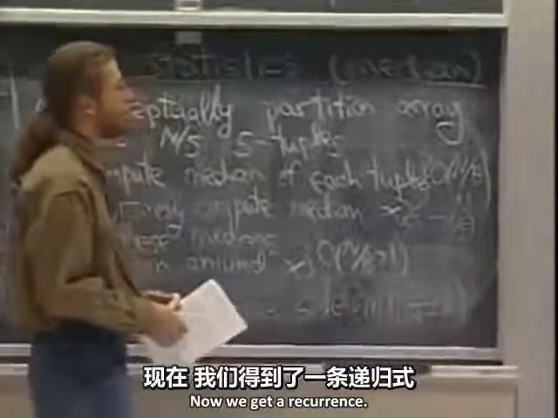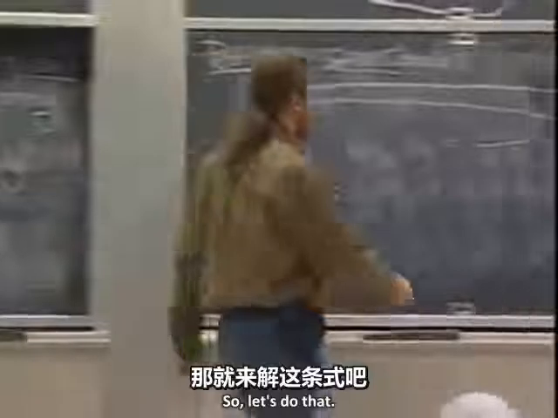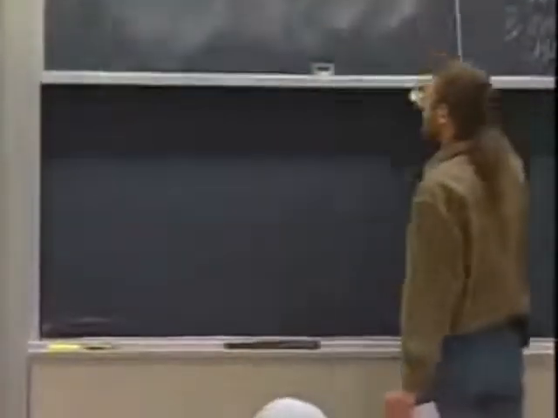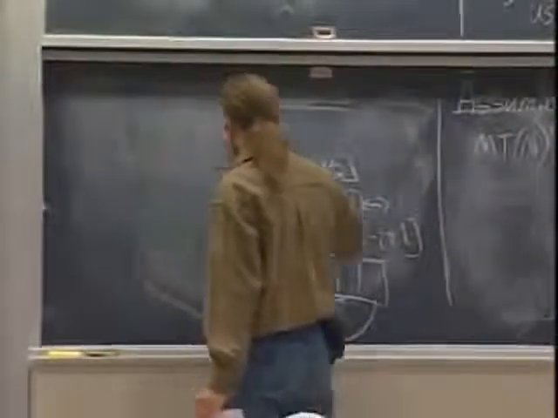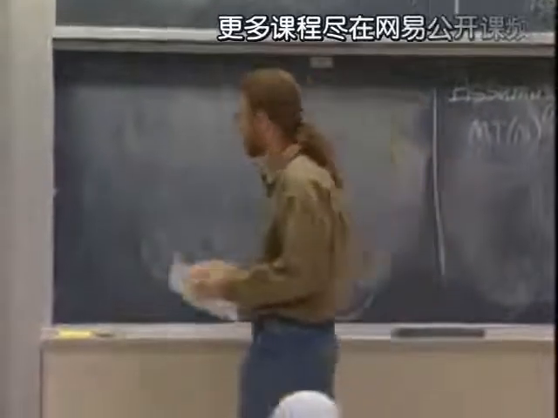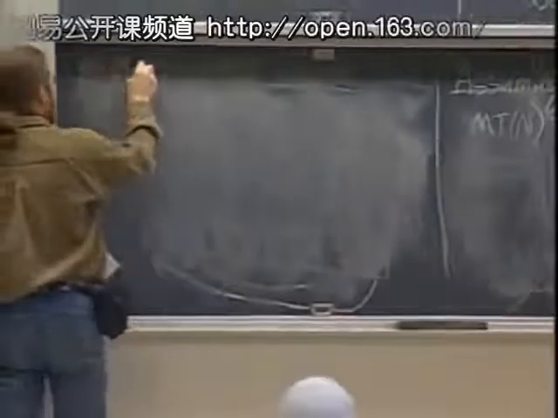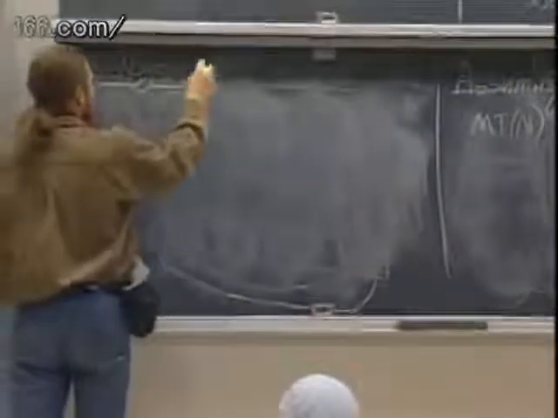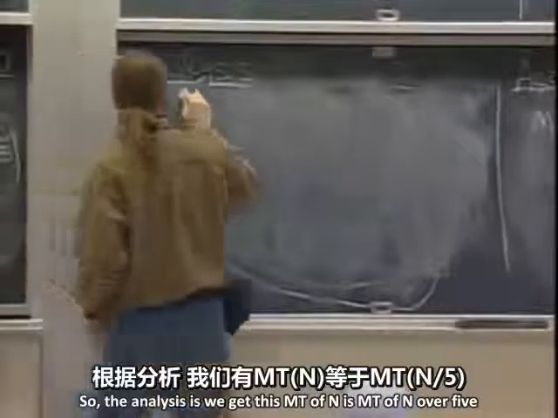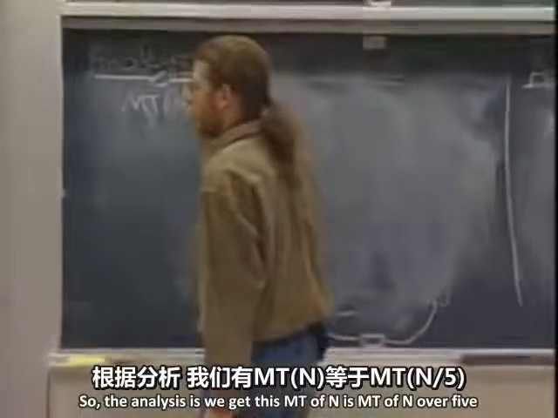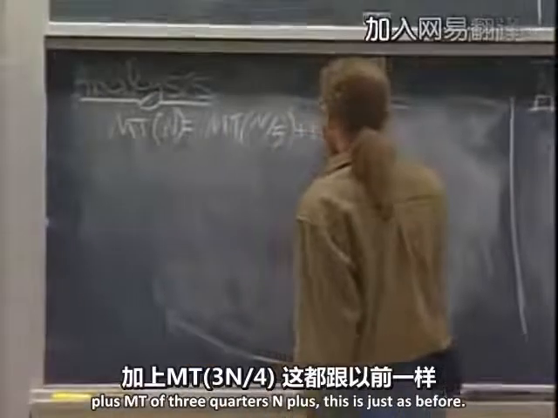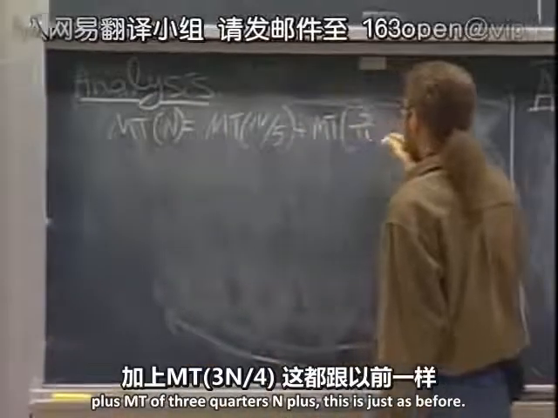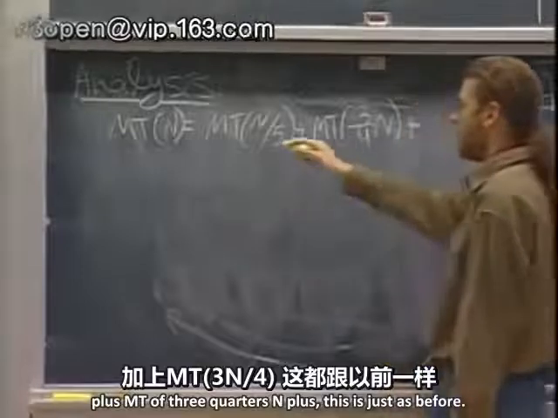Okay, so this is the new analysis. Now we get a recurrence. So let's do that. So the analysis is we get MT of n is MT of n over 5 plus MT of 3/4 n plus, so this is just as before.